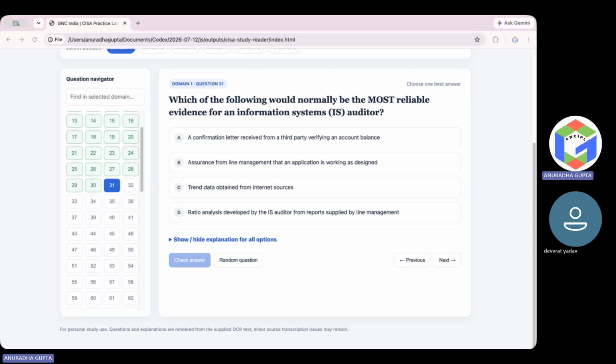So there are two kinds of documents an auditor can receive from an auditee. First is the list of documents from the internal team. Another would be the document list provided by third-party auditors or external auditors.